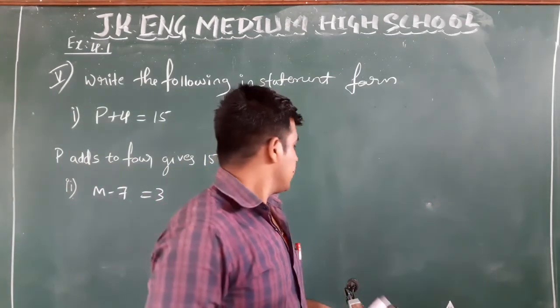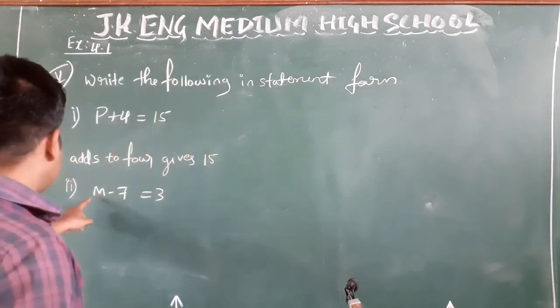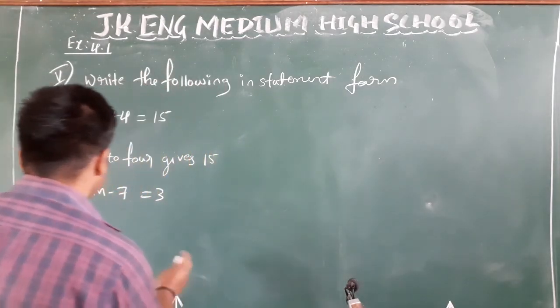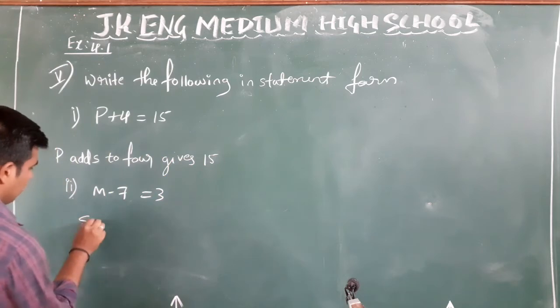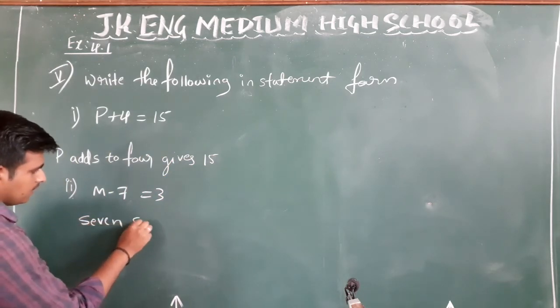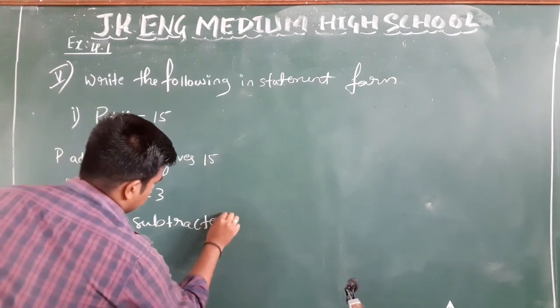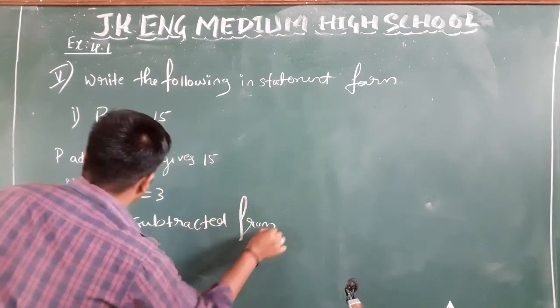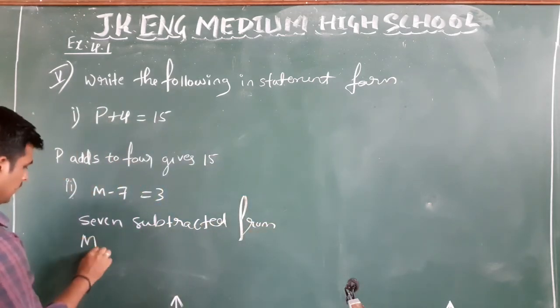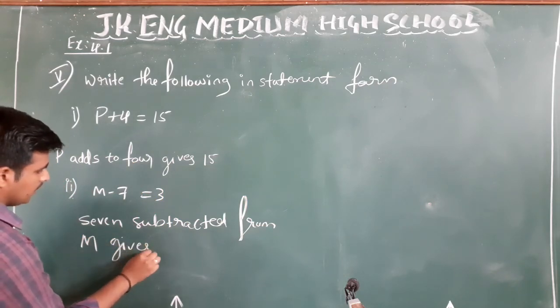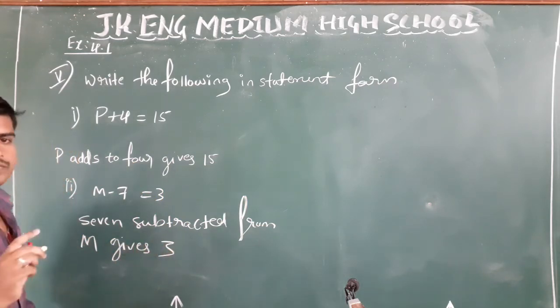M minus 7 equal to 3: 7 subtracted from m gives you 3. Okay.